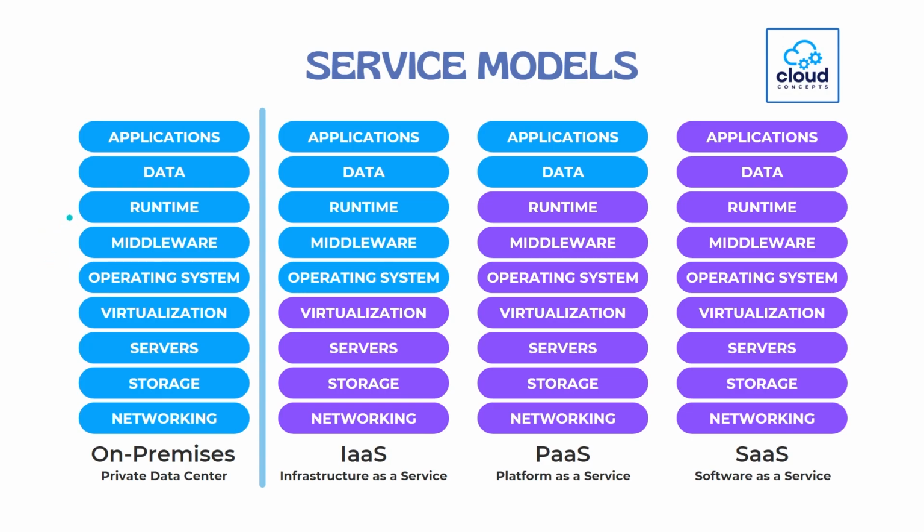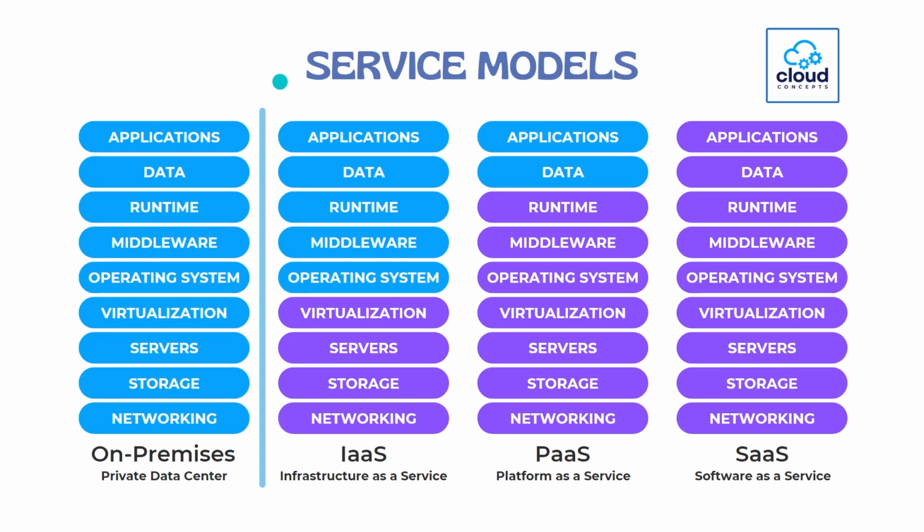Your runtime: if you're running a PHP application, server-side scripting, you'd have to manage all these components. Your data, obviously, you'd have to keep safe and encrypted. And then finally, your application, if it's a custom application you're running, or let's say this PHP website example, you basically have to take care of all of this.